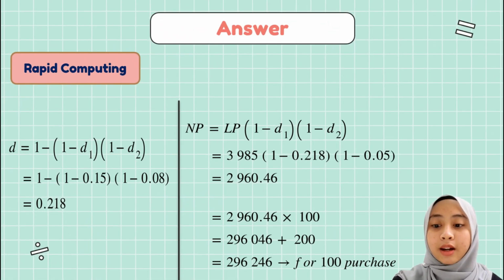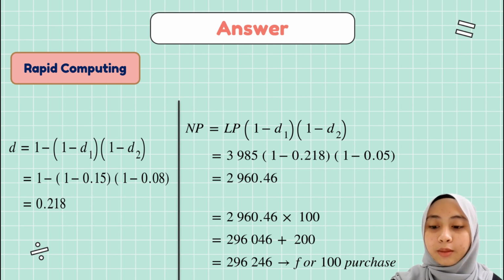Firstly, I calculate the trade discount and I got 0.218. In order to get NP, which is net price, we use the formula LP times 1 minus D1 times 1 minus D2.